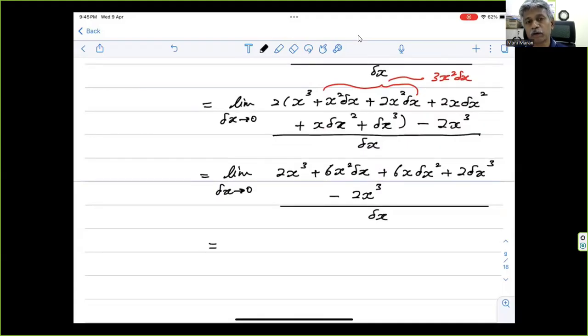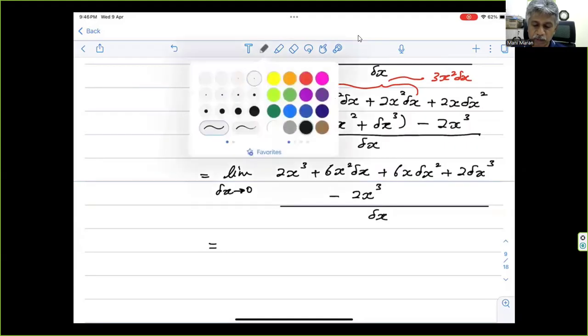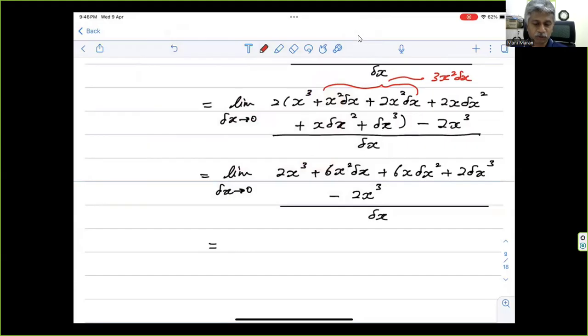It looks a bit complicated, but try to do it step by step and you'll be able to understand. From here, you'll notice that at the back we have 2x cubed, and here you got minus 2x cubed. So it means this part will cancel with this part.